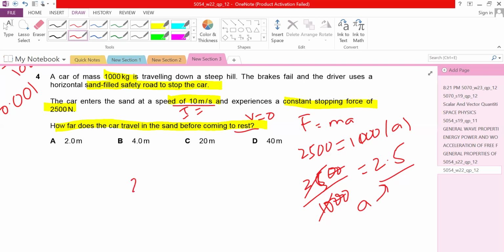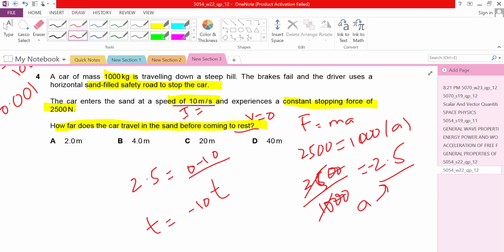Using the formula of acceleration, 2.5 equals, you will find the time, 0 minus 10. Final velocity is 0 minus 10, which is the initial velocity, divided by t.